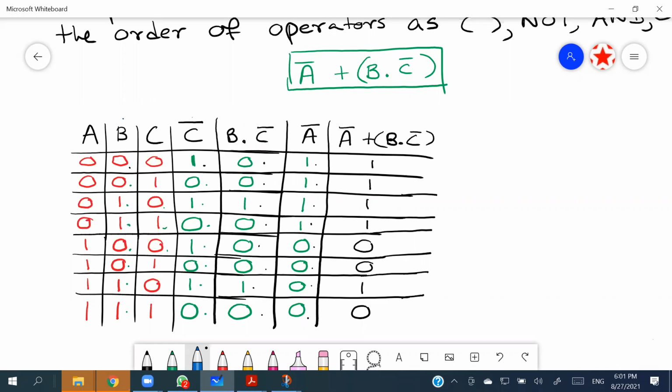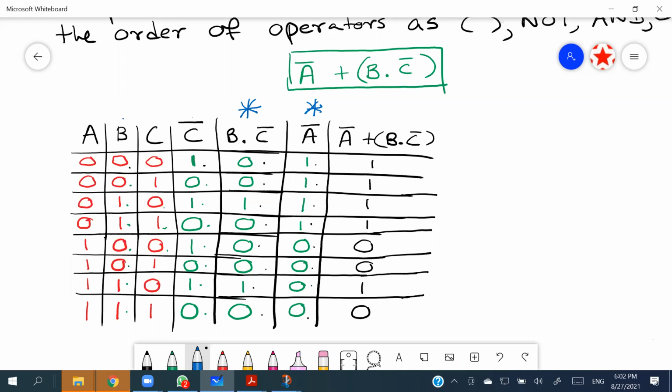Now we have B dot C bar in one column and A bar in another column. To take the final result, we have to add these two columns, or add the corresponding values to generate the final result. So for that, we are going to add the corresponding values very carefully.